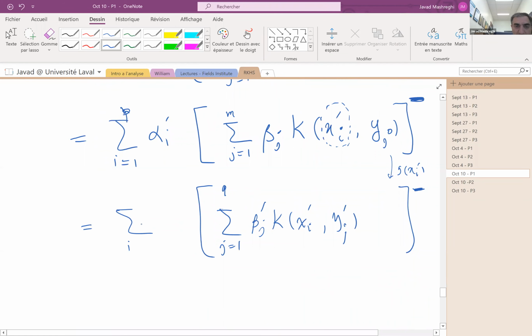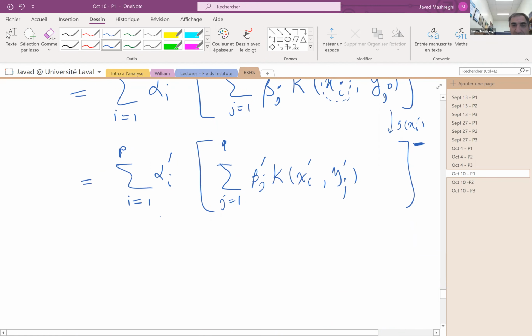So the sum i from 1 up to p, alpha_i'. But now I put the bar back inside again, almost finished.